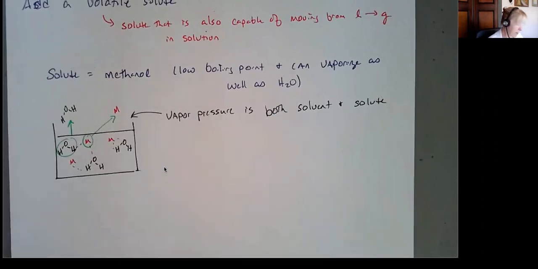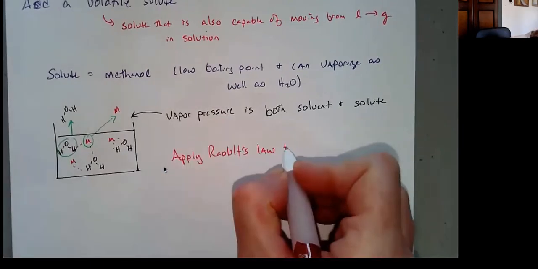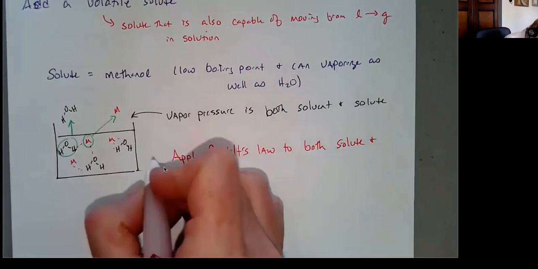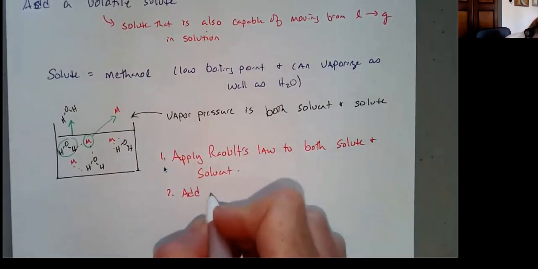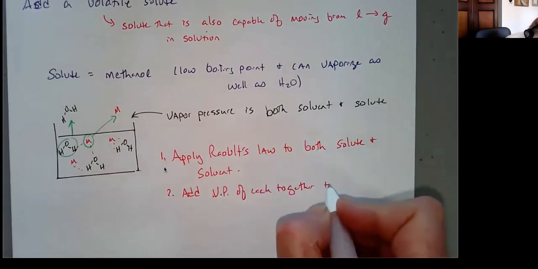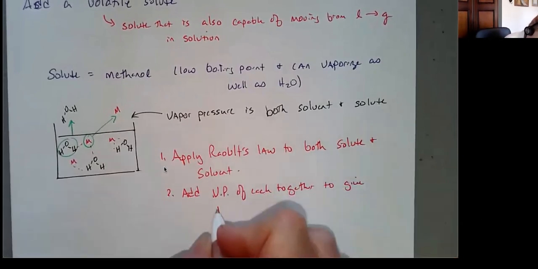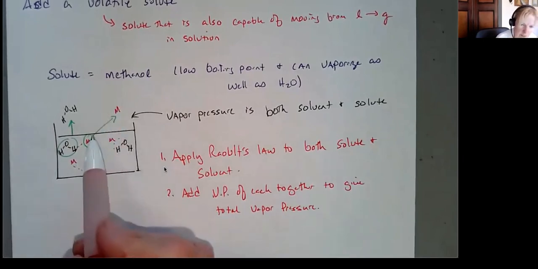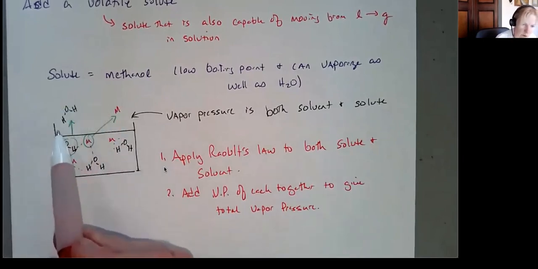So I'm going to apply Raoult's law to both the solute and the solvent, and then I'm going to add my vapor pressure of each together to give the total vapor pressure. So I'm going to consider methanol by itself. I'm going to consider water by itself.